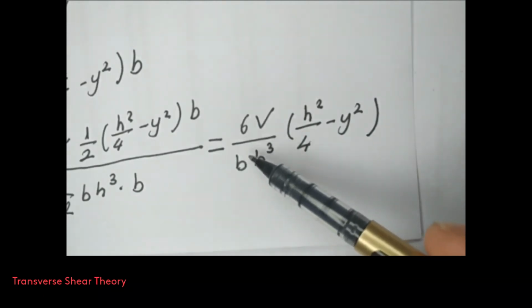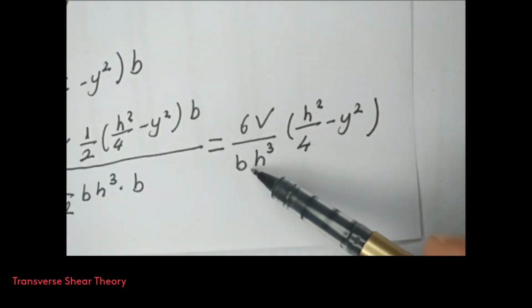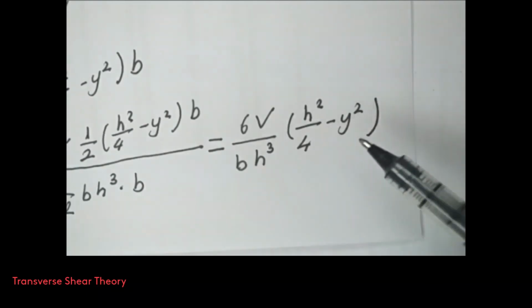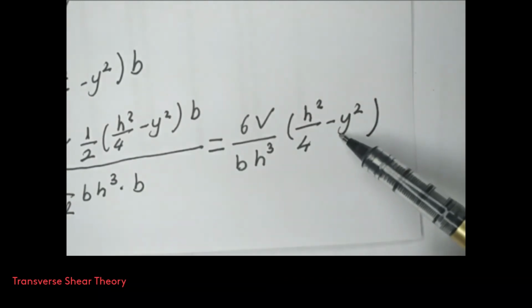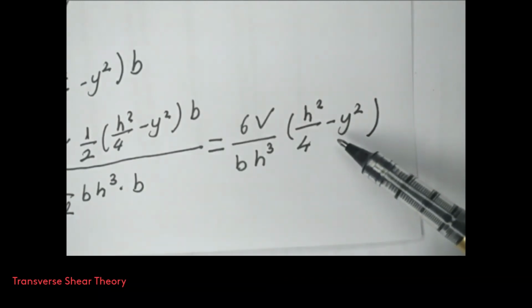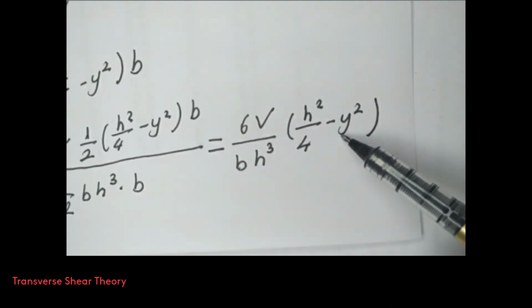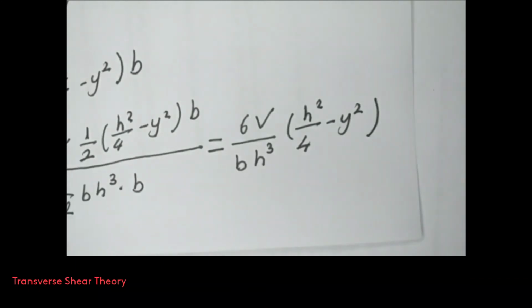So there's a parabolic distribution of the shear stress, and shear stress is maximum when y is equal to 0. So we can substitute 0 here in order to find the maximum shear stress.